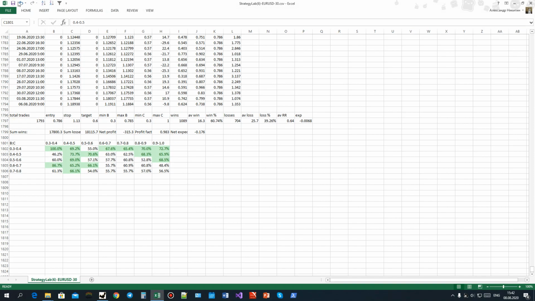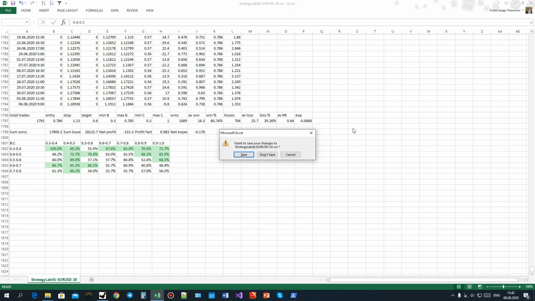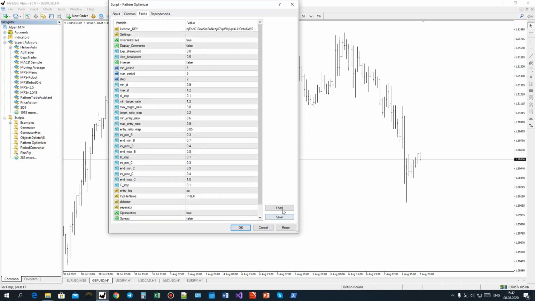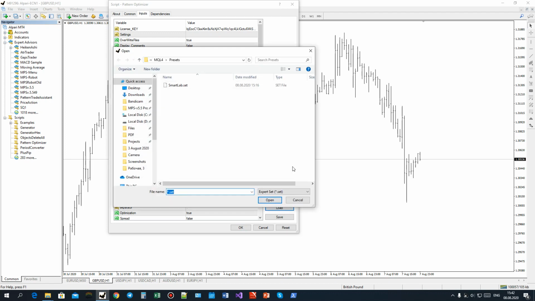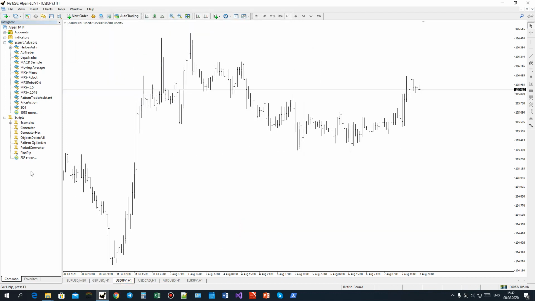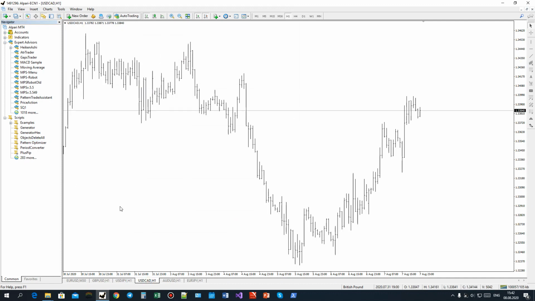So what we need to do with this, let us save this, keep the formatting. Now what is here? Pattern optimizer, load, smart lab. Okay, let's go to $yen. Pattern optimizer, load, smart lab. Okay, dollar Canadian.